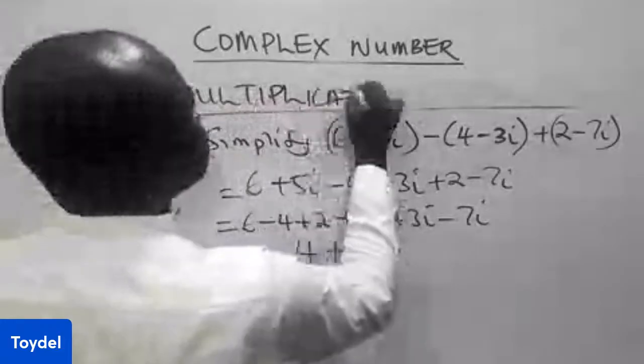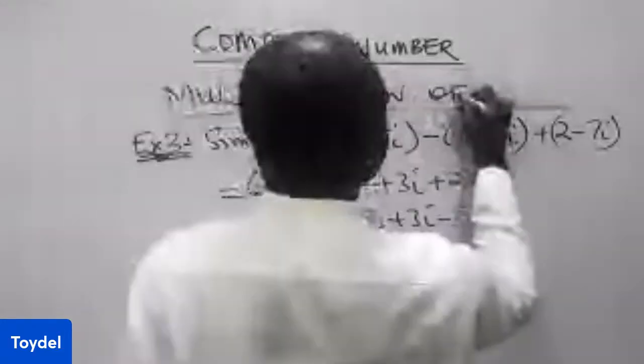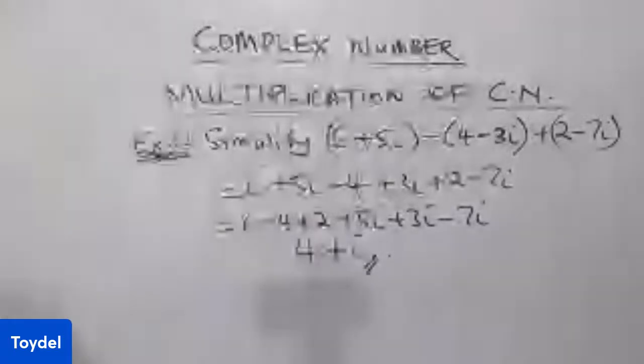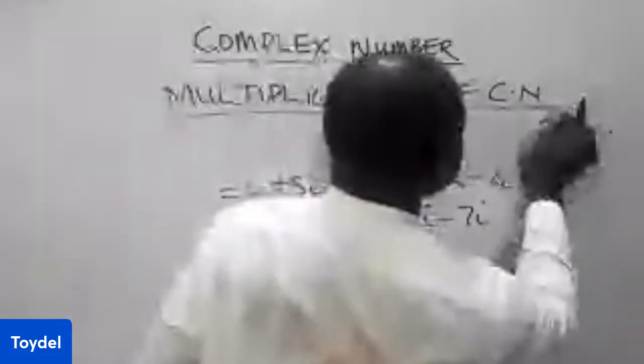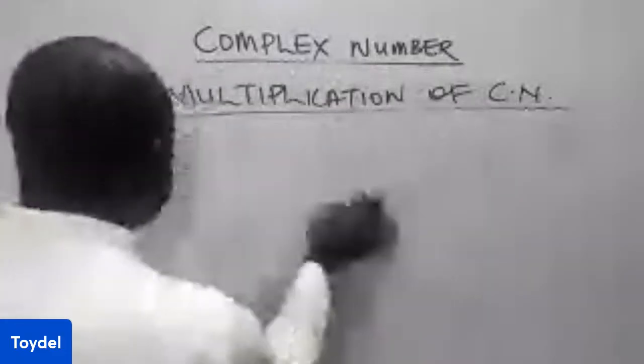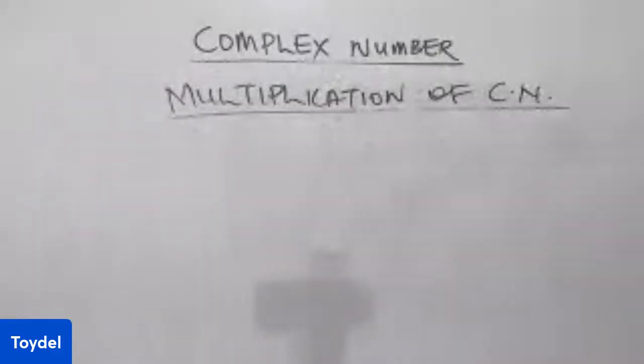You know, in the case of addition and subtraction of complex numbers, it's very simple and straightforward. So let's introduce multiplication of complex numbers. If we have two complex numbers, how do we multiply two or more complex numbers? That's what we're about to do here.